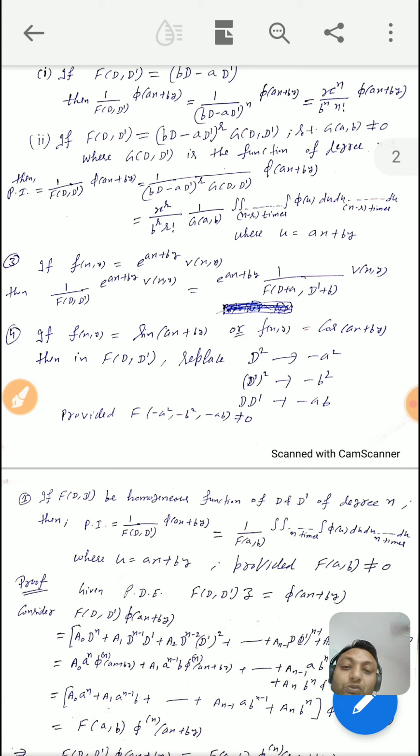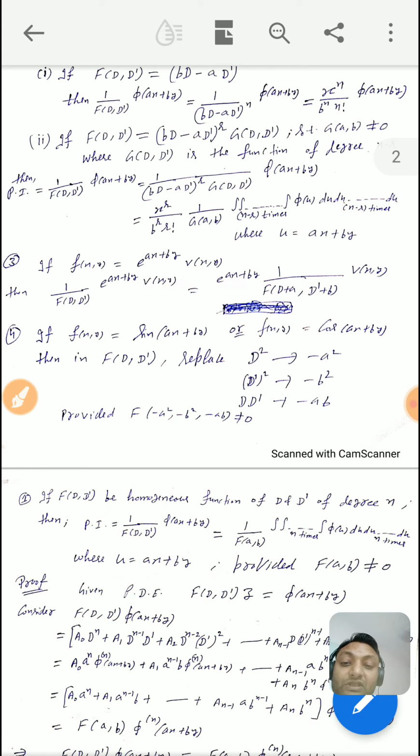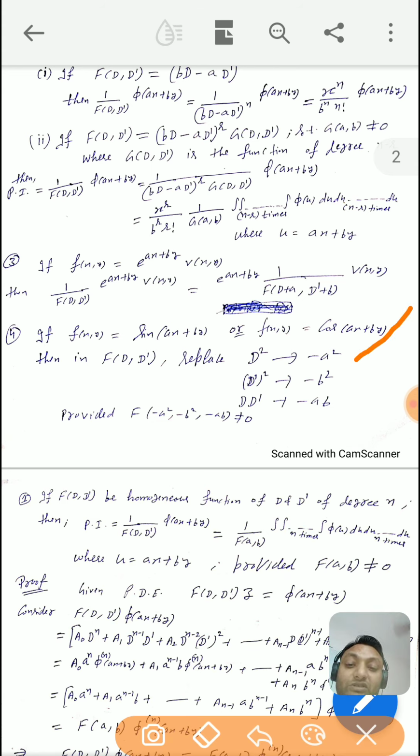And the fourth formula: if f(x, y) is of the form sine of ax plus by or cos of ax plus by, then in f(D, D') to find the particular integral, we will replace D squared by minus a squared, where a is obviously the coefficient of x.